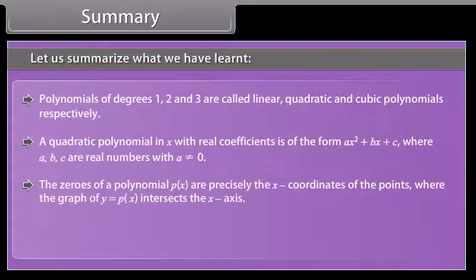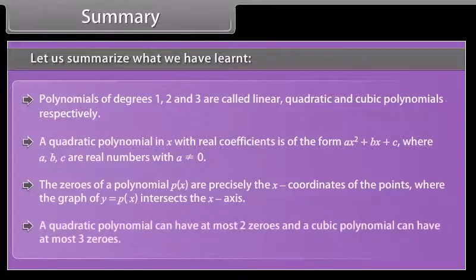The zeros of a polynomial p(x) are precisely the x-coordinates of the points where the graph of y equals p(x) intersects the x-axis. A quadratic polynomial can have at most 2 zeros, and a cubic polynomial can have at most 3 zeros.